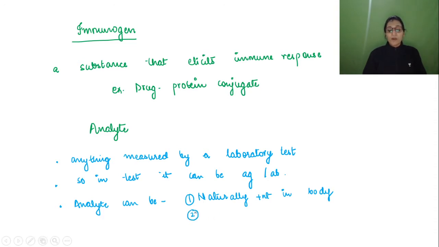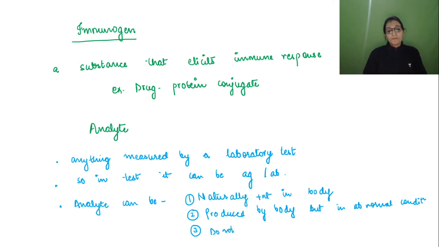Second, produced by the body but not typically present, such as a cancer antigen, produced by the body in an abnormal condition. Then, not naturally occurring in the body, such as drugs.